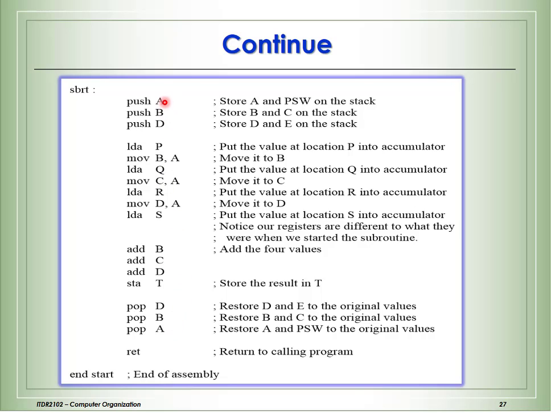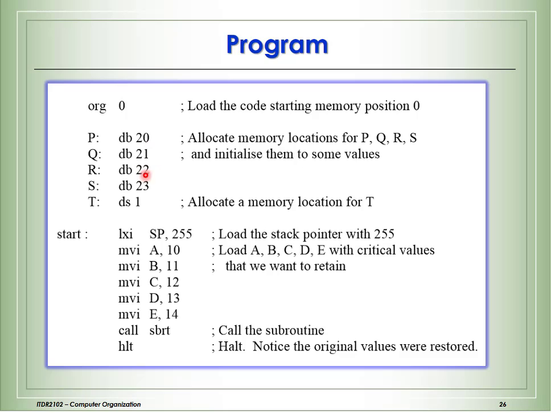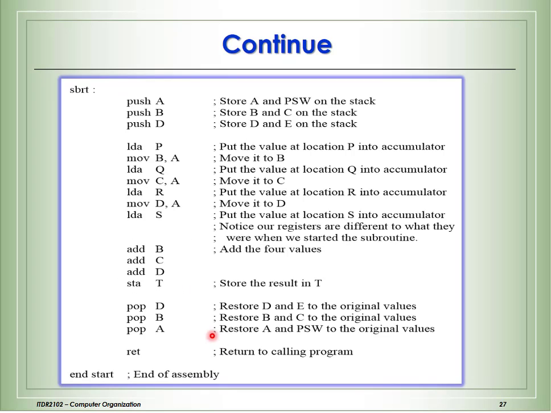So what went in first? A, B, D. So what will come out first? D, B and A. Once it is done, it will restore the values. The values 20, 21, 22, 23 will be restored to 10, 11, 12, 13, 14 again.